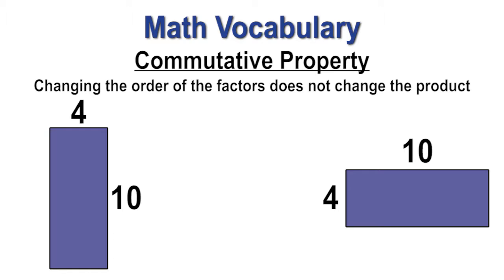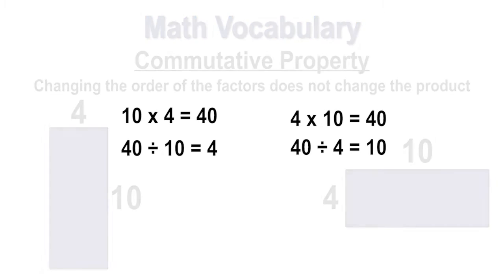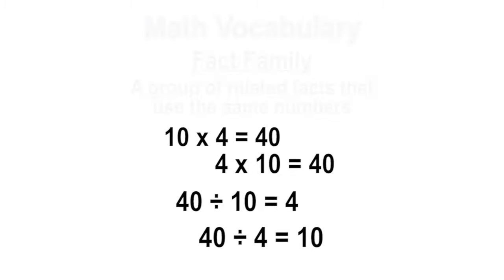For the vertical array, the division and multiplication equations would be 10 times 4 equals 40, and 40 divided by 10 equals 4. For the horizontal array, the equations would be 4 times 10 equals 40, and 40 divided by 4 equals 10. These 4 equations together make a fact family.